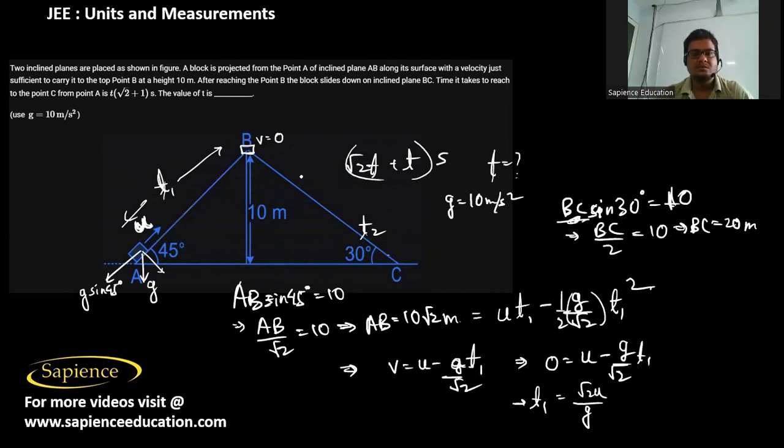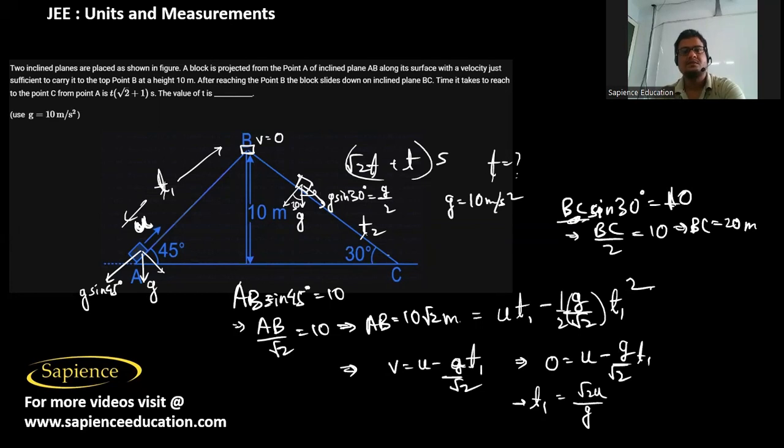Here also, the acceleration is G sine 30 degrees, since the incline is 30 degrees. So it means G by 2. The acceleration down the incline is G by 2.